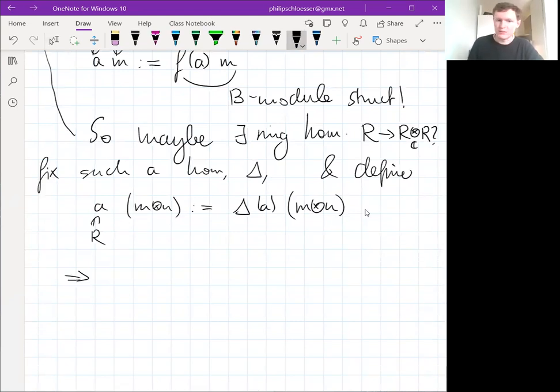And in that way, we have described an R-module structure on M tensor N. An R-module.